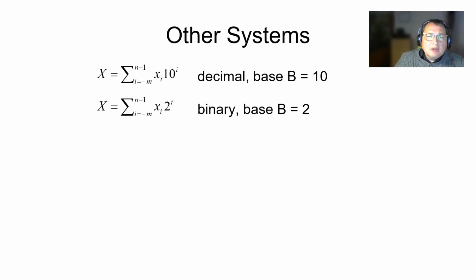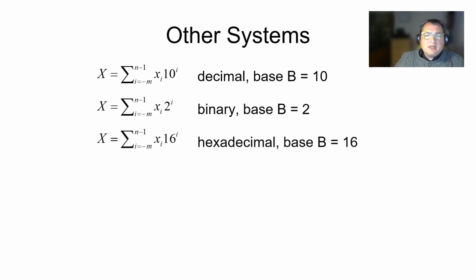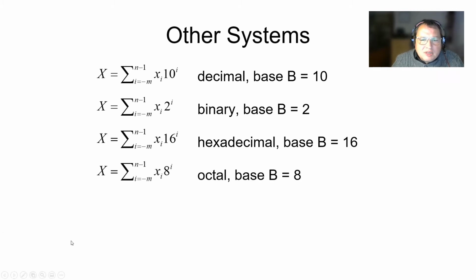Another popular system is the hexadecimal system with the base equal to 16 and powers like 1, 16, 256, 4096, 65,536, and so on. And the last that we will discuss today is the octal system with the base equals 8.